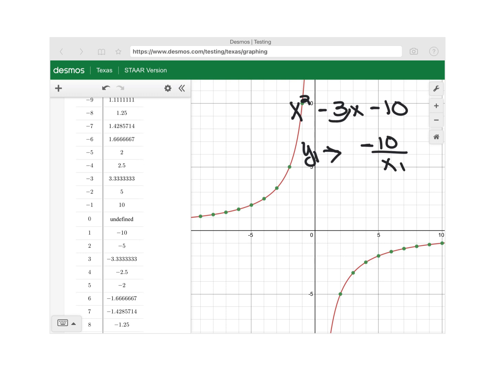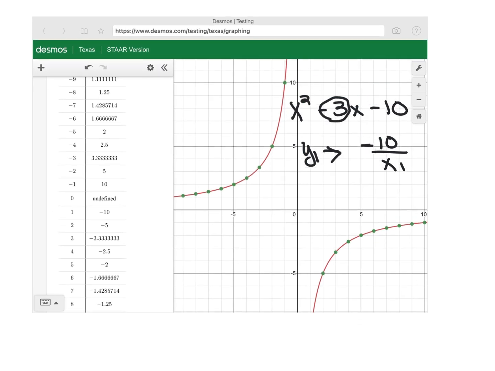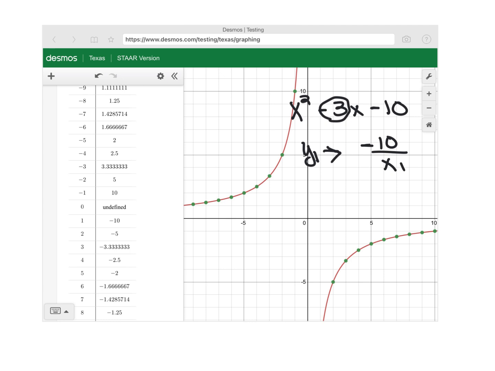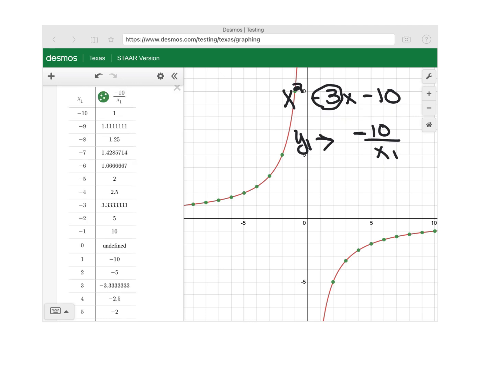Okay? So I'm going to take the first ordered pairs that I found that would work. And the first combination that worked was negative 10 and 1. Those were not decimals. So I would add those two together.